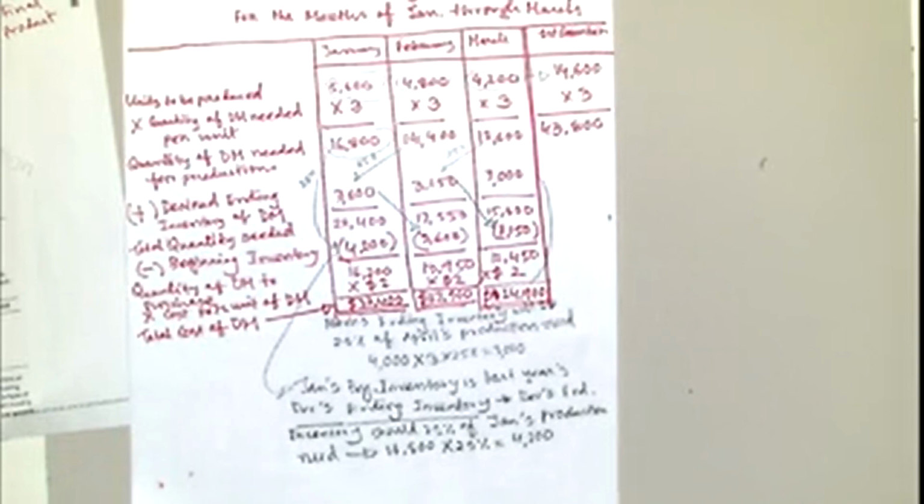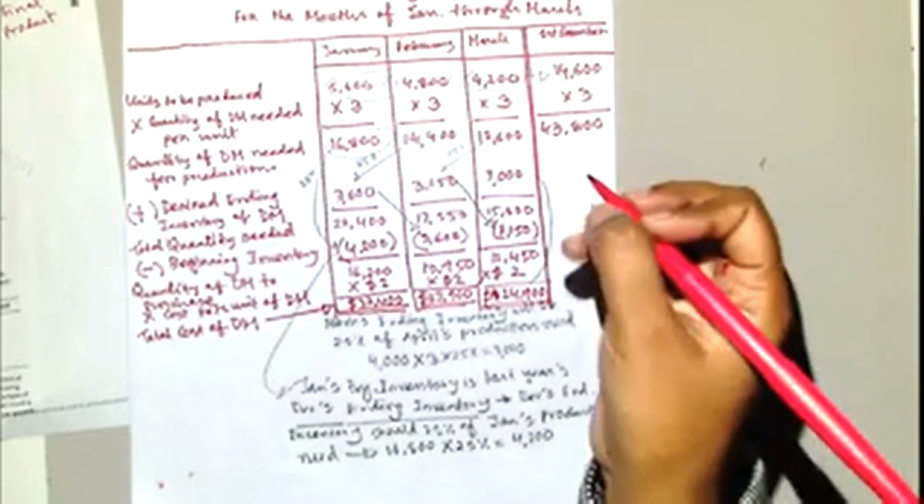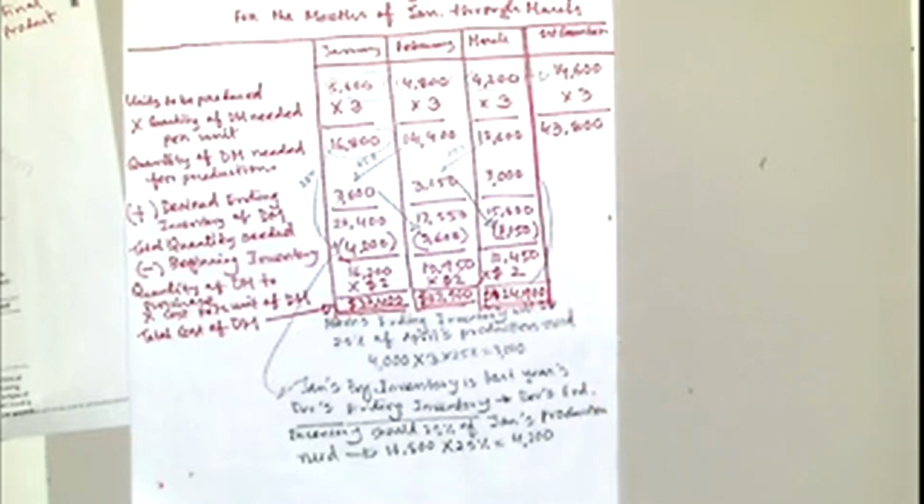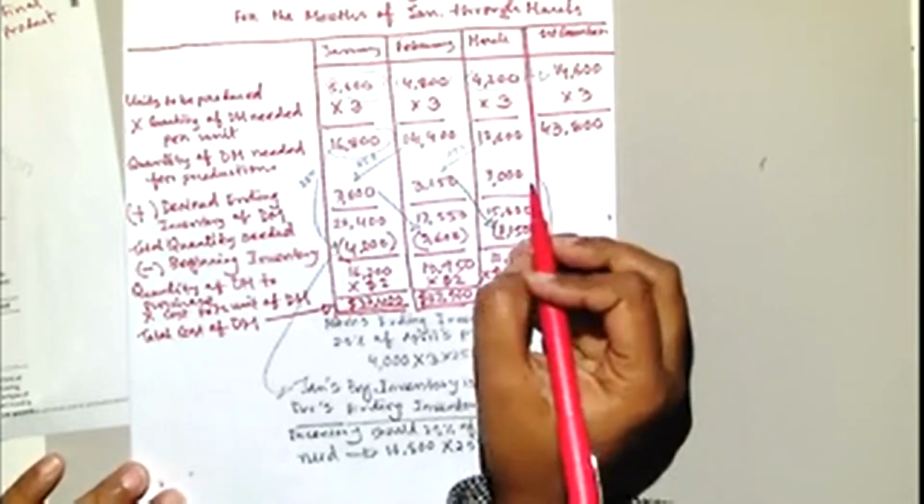Now, who can tell me what will be your first quarter's ending inventory? Ending means just your last ending inventory. It is actually this one.